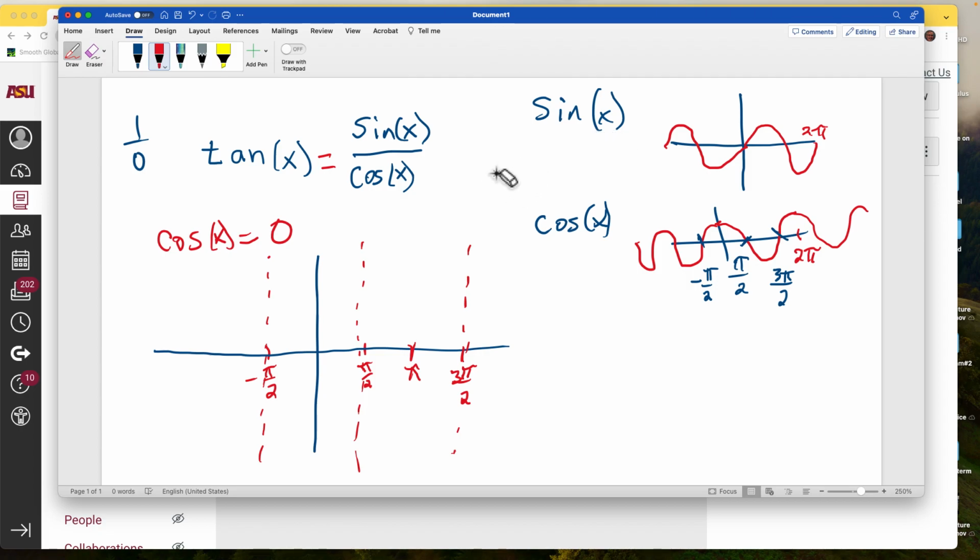The other thing we could talk about is what happens to a rational function when the numerator becomes 0. So when sine is 0, we get 0 over something, as long as the denominator's not 0. That's where it's going to be equal to 0. So where is sine equal to 0?